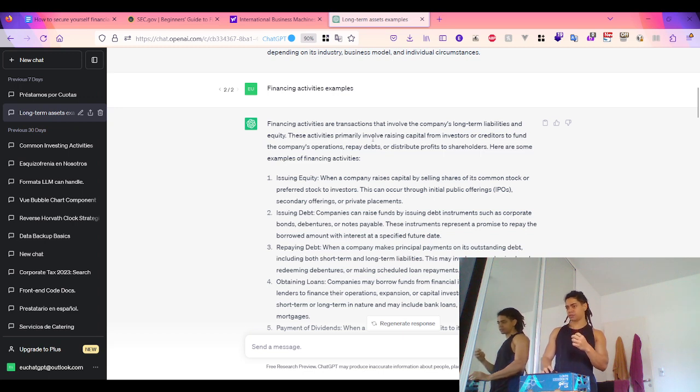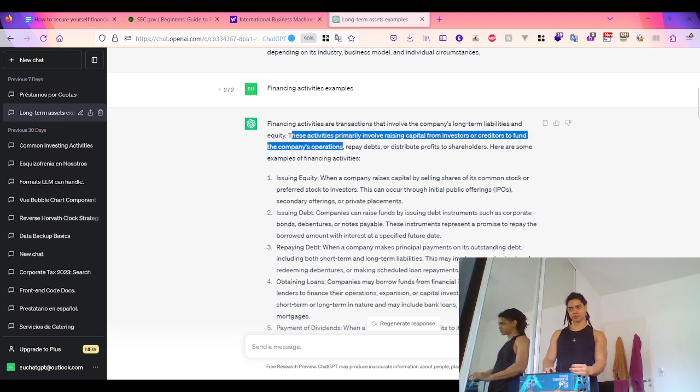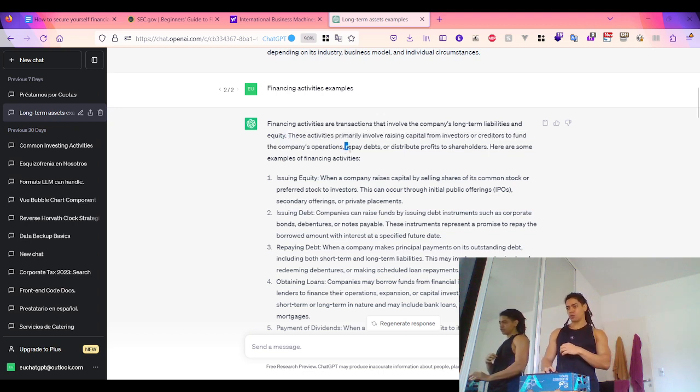And these activities primarily involve raising capital from investors or creditors to fund the company's operations, repay debt, or distribute profits to shareholders.